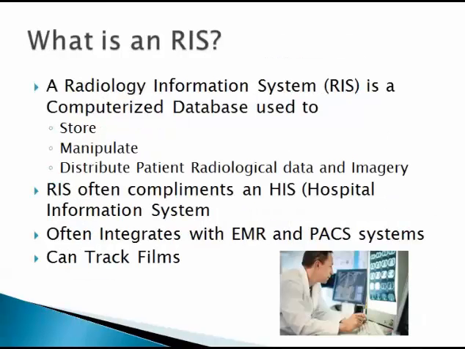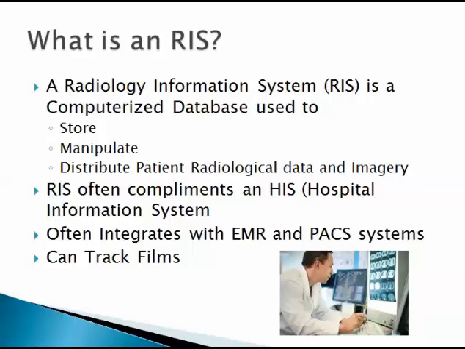Another very common ancillary system that exists in a hospital is an RIS, as you'll hear it referred to. It's a radiology information system. It's a computerized database that's used to store, manipulate, and distribute patient radiology data and imagery.